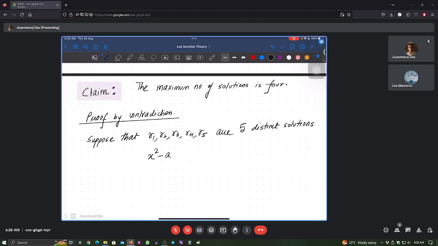x square minus a is 0 modulo pq, right? Right.